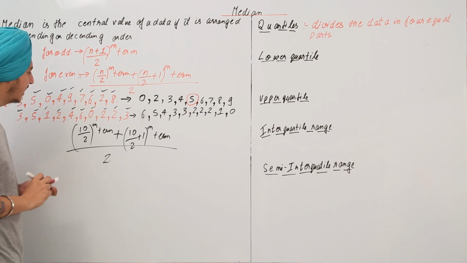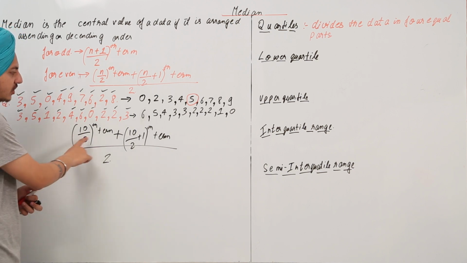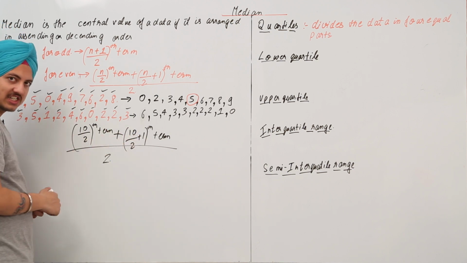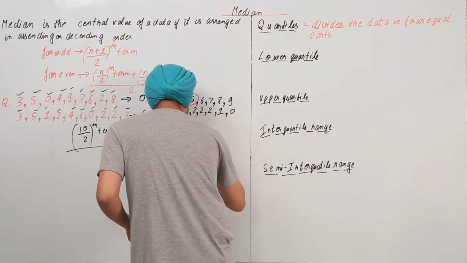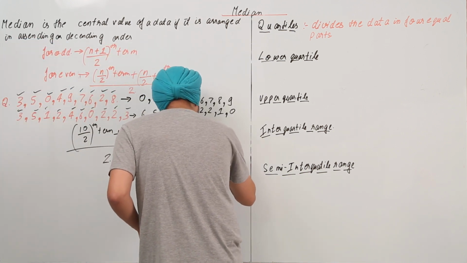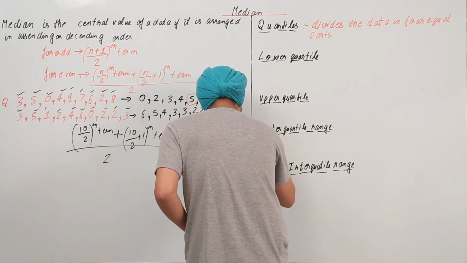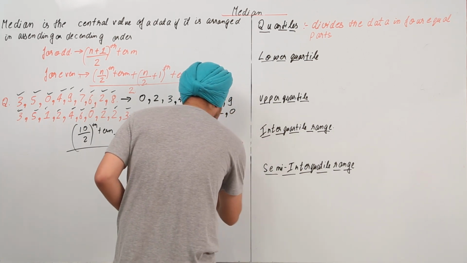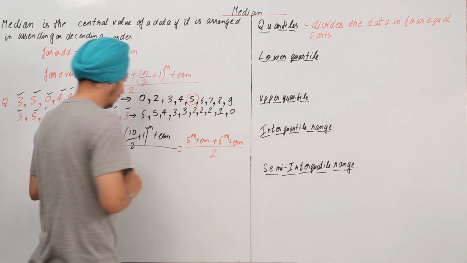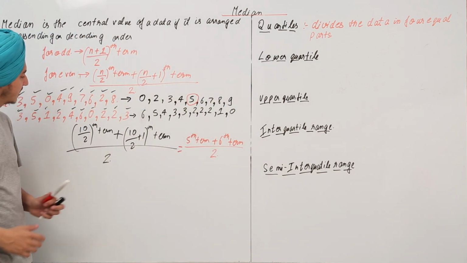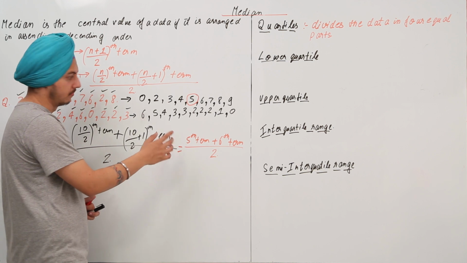This is what it means, right? So 10 by 2 is the 5th term plus 10 by 2 plus 1, this is the 6th term, divided by 2. So this is the 5th term plus 6th term divided by 2, right? So what are the 5th term and 6th term?